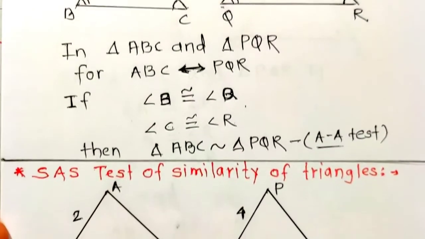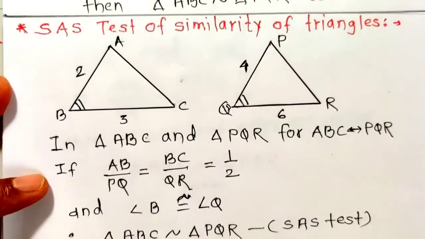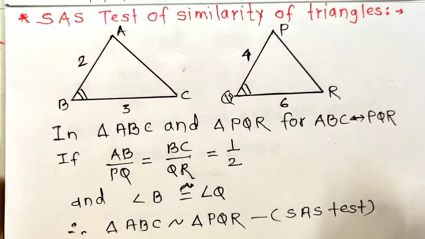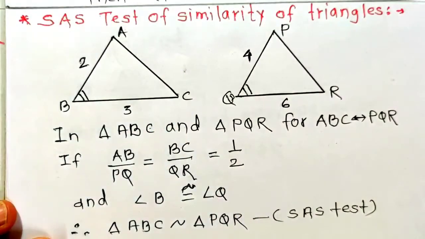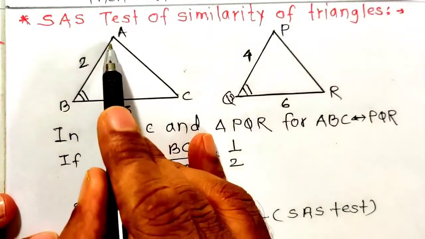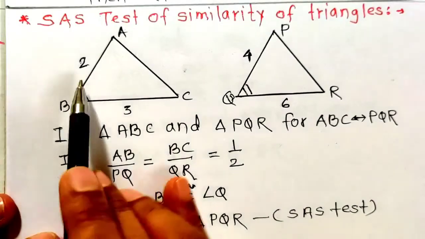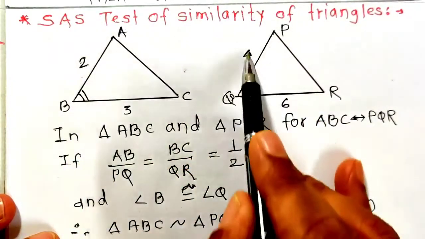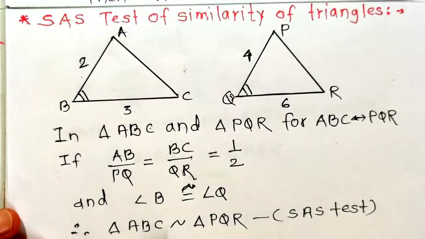Now the third property, that is the SAS test of similarity, side angle side. If we consider two triangles again, ABC and PQR, here the length AB is given 2, PQ is given 4, BC is given 3 and QR is given 6.